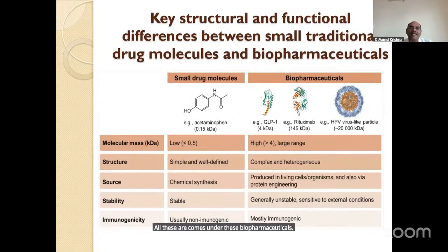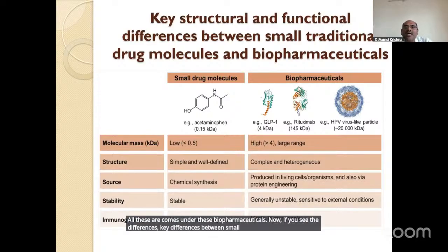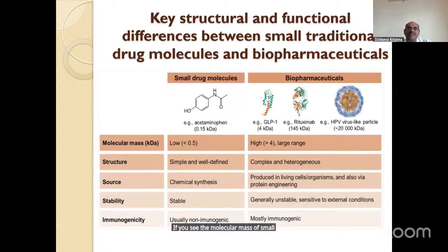Now, if you see the key differences between small molecules and biopharmaceuticals, the small drug molecules have a very low molecular weight compared to the biopharmaceuticals. The molecular mass of small drug molecules is generally less than 0.5 kilodaltons.